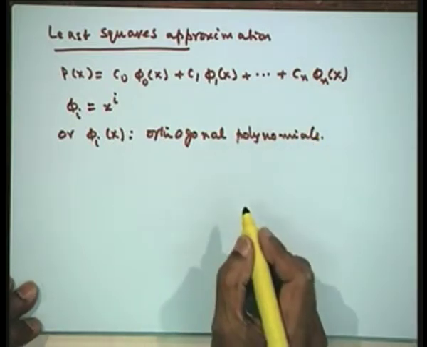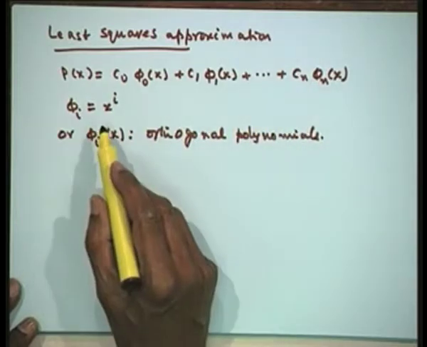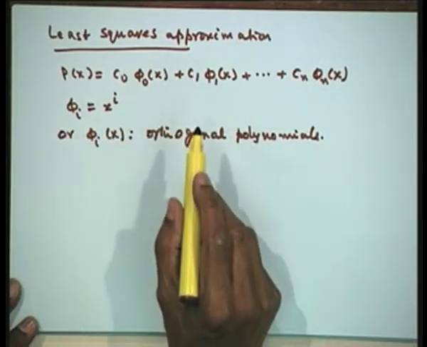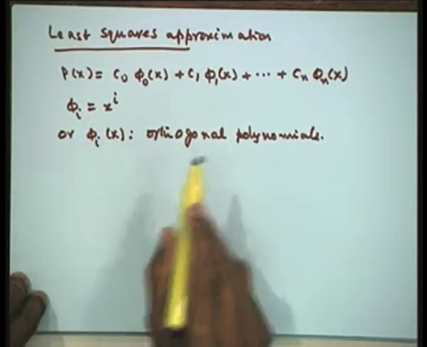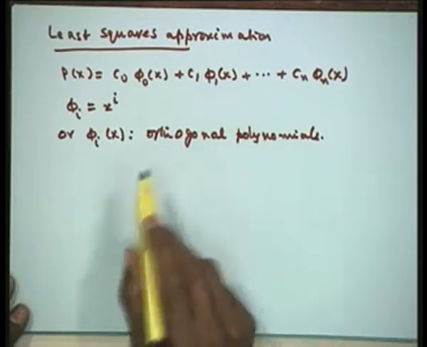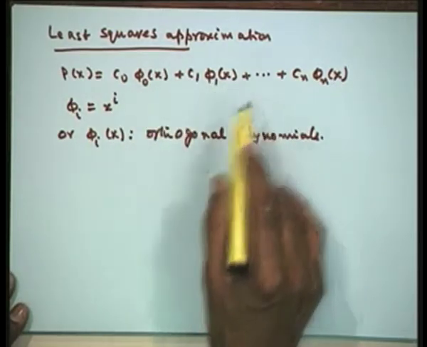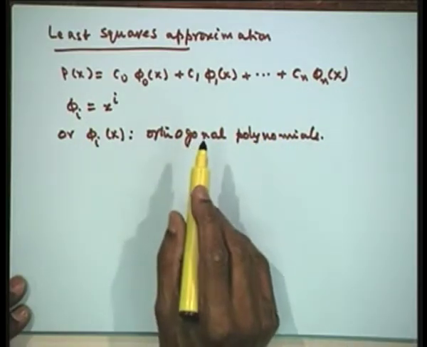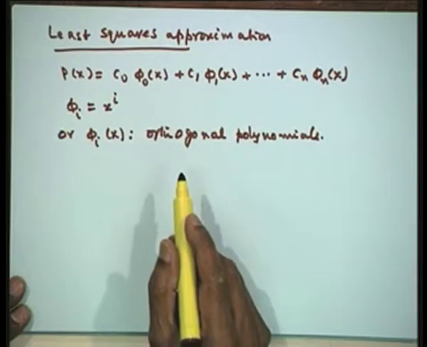Then we have derived the constants C I such that the aggregate or the sum of squares of the errors is minimized, and that approximation we call the best approximation in the least square sense. We have also illustrated through an example in the case when we choose them as orthogonal polynomials.